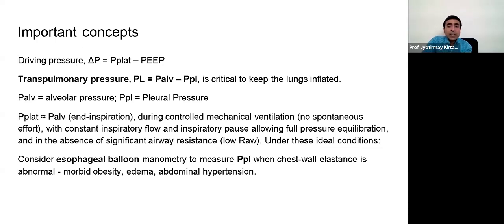So in a difficult scenario, like a patient with morbid obesity, edema, abdominal hypertension, abdominal compartment syndrome, your airway pressure is not going to reflect your transpulmonary pressure. So in those situations, you have to put an esophageal balloon manometer to measure your transpleural pressure. That will be the guide for how you titrate the PEEP and all those things.